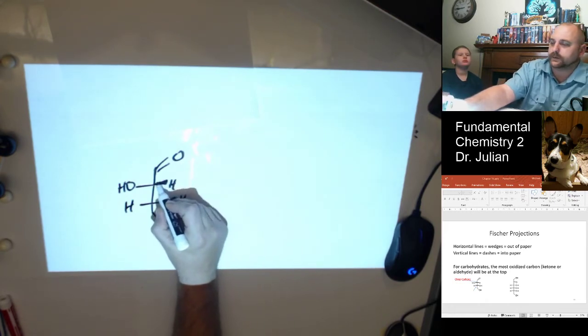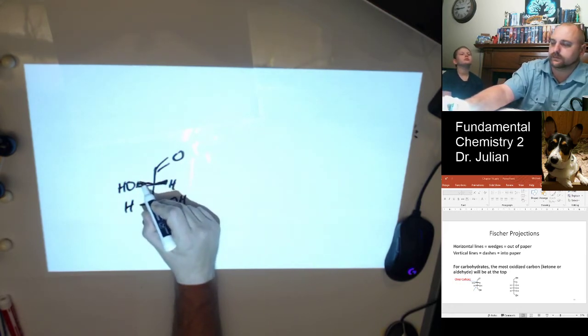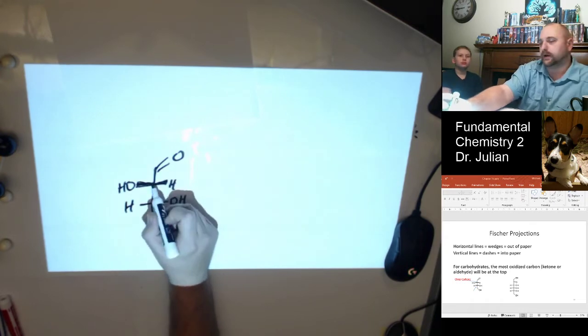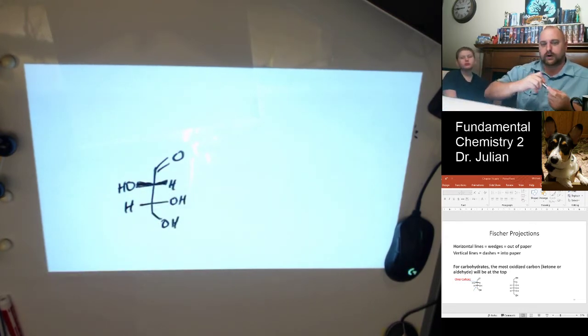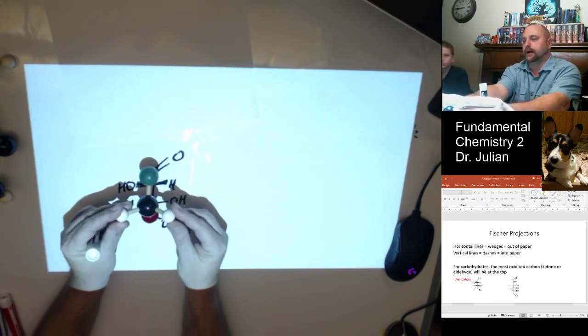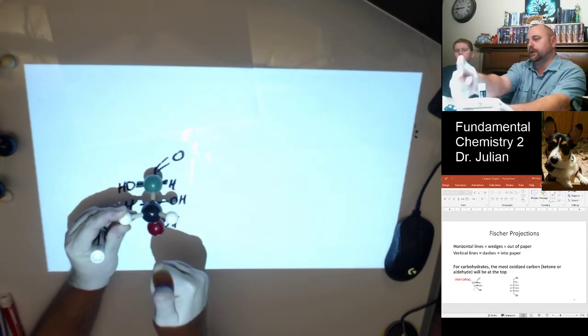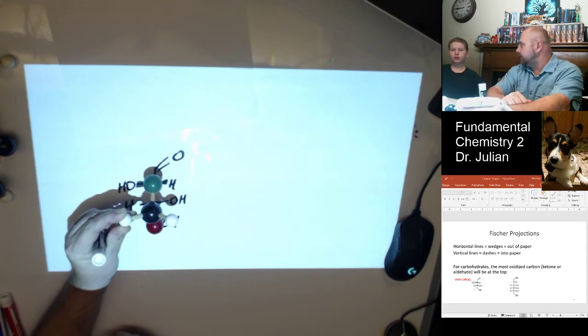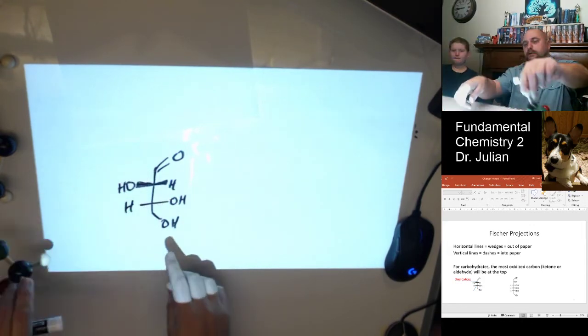They come out. That means the other line, so if I look at my carbon and I got 2 of them coming out, these 2 are going up. Where are the other 2 going? They're going down.